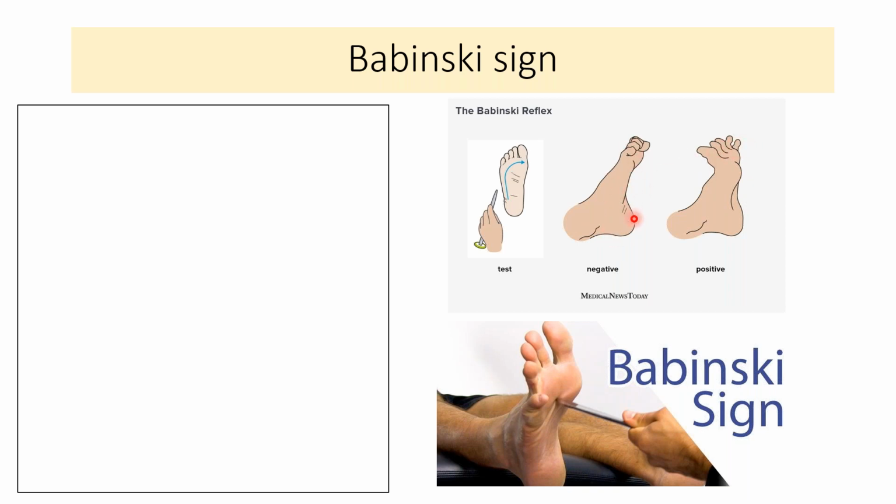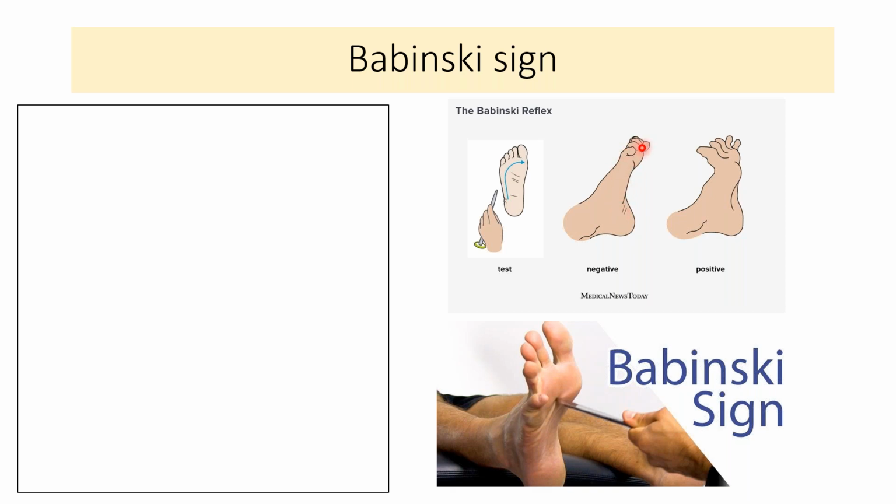If you try it on your own foot, this is the normal response. This is called a withdrawal reflex, the normal protective instinctive reflex that a normal person does whenever there is stroking.